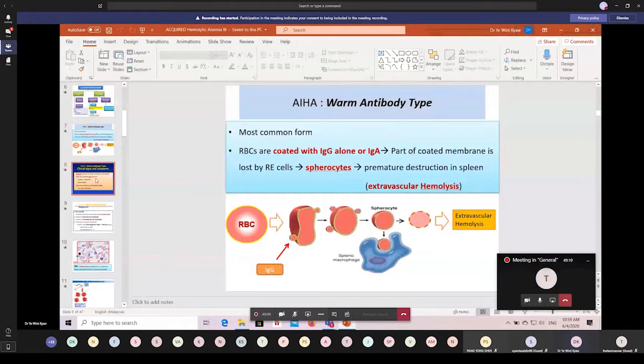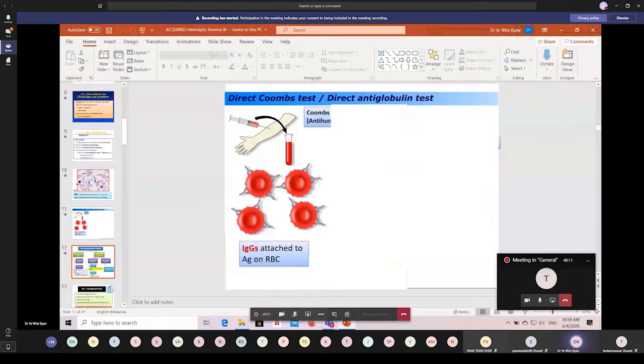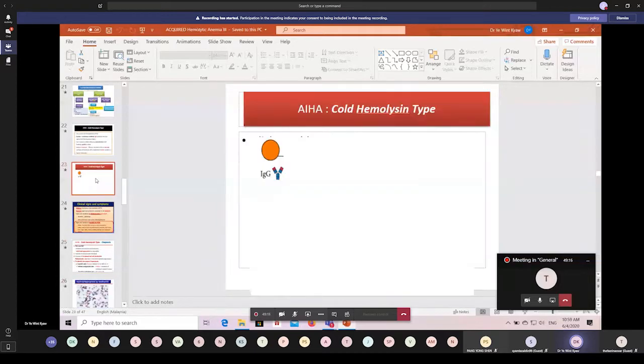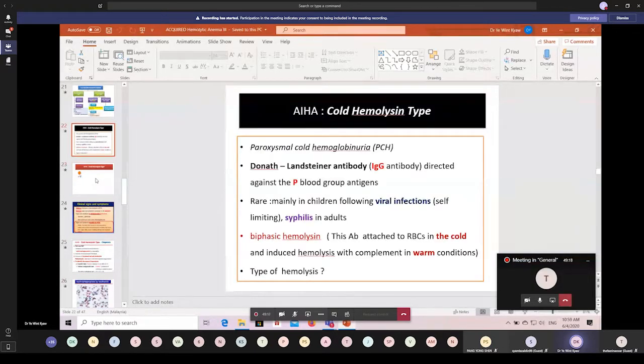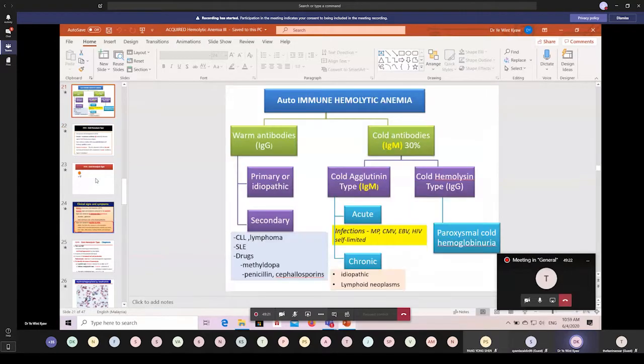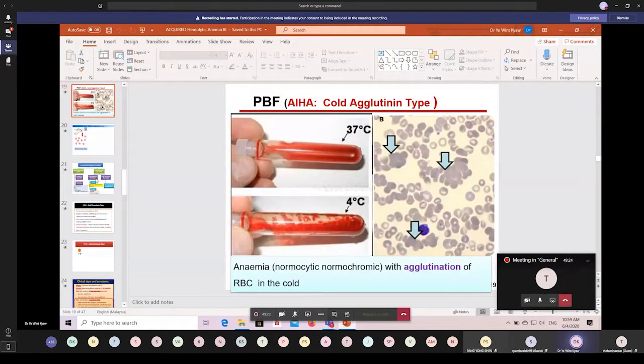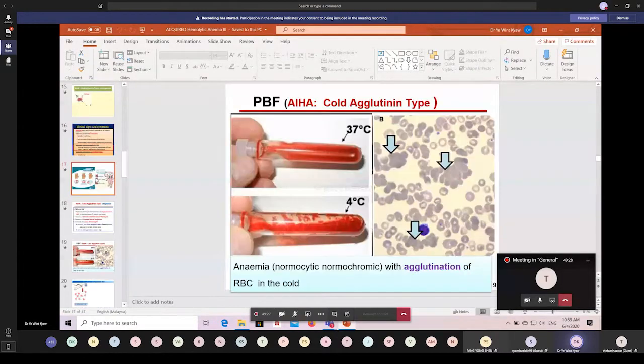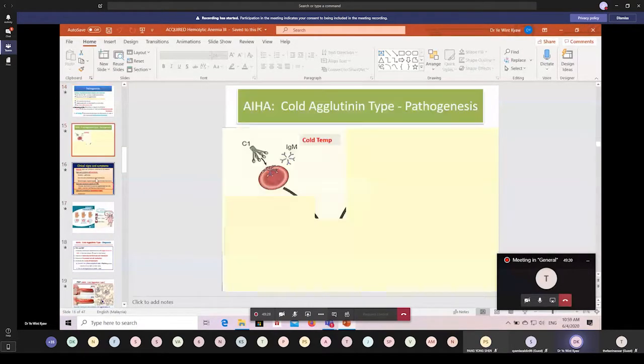Warm antibody, cold antibody. Cold hemolysin type is no need, just for MCQ, because it is not that common.